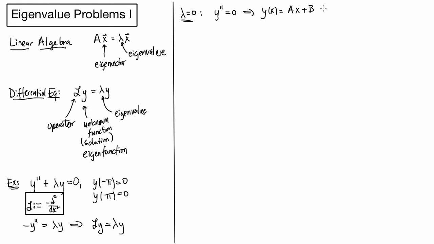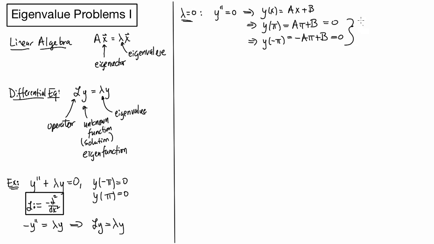And if I apply the boundary conditions, then I know y at pi is a times pi plus b, and y at negative pi is negative a pi plus b. So looking at these two, they're both going to have to be equal to 0.